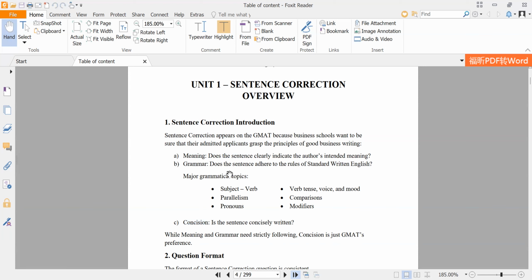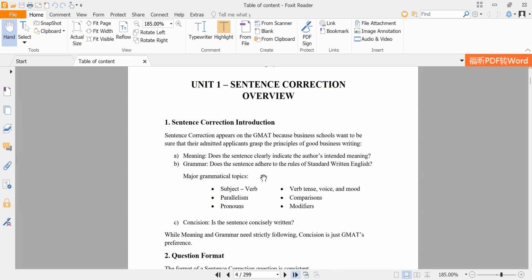So that leads to the next key thing that I want you to take away from this video lesson, and pretty much the key thing I want you to take away from this entire sentence correction section as you go through and practice, which is in the beginning phase, you want to identify as many errors, as many mistakes, grammar or meaning, or just being too wordy, too verbose in every answer choice, as possible.